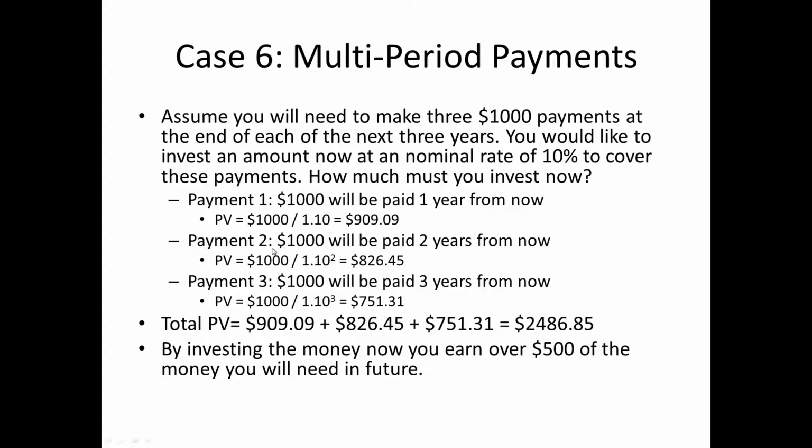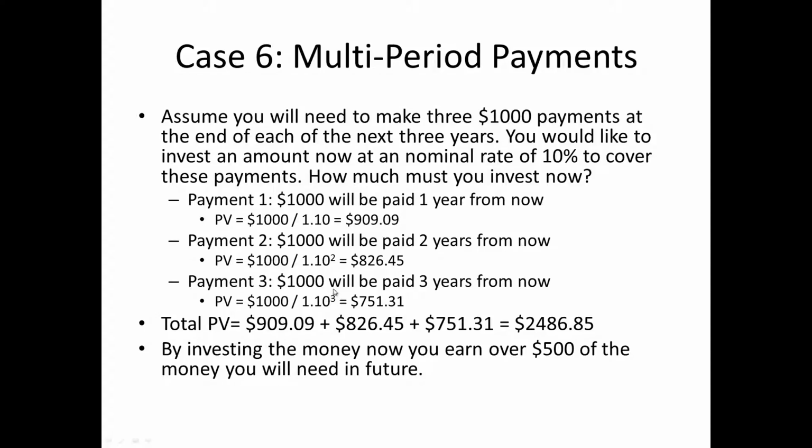Second payment, you're going to put in $1,000 discounted at 1.10 raised to the second power, so that's $826.45 as its present value. So if you put the $826.45 in today and let it sit in the investment at 10% for 2 years, it will grow to $1,000, and you'll have that $1,000 to pay at the end of year 2.